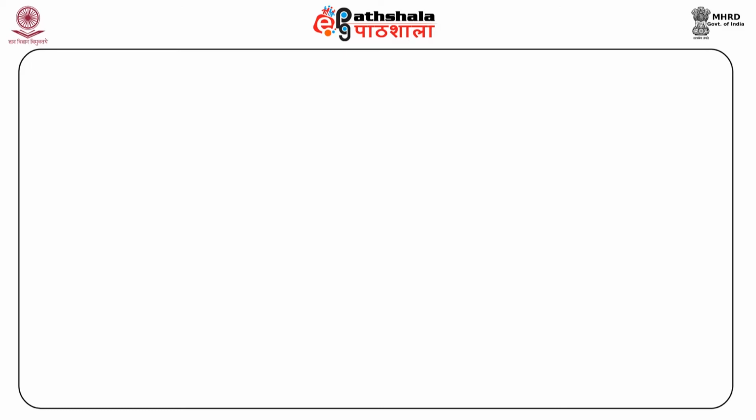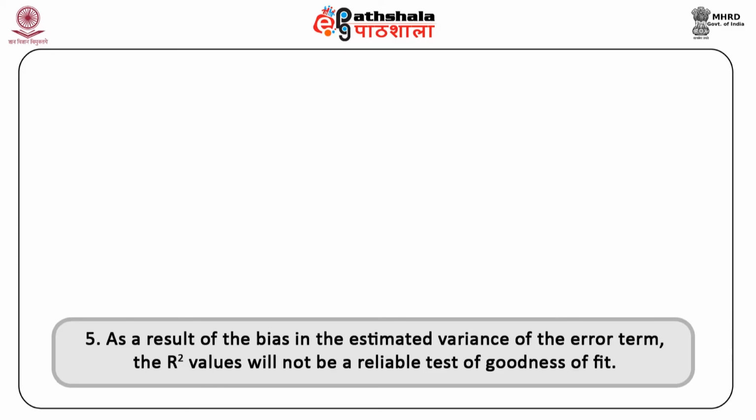The last consequence of autocorrelation is that, as a result of the bias in the estimated variance of the error term, the R square values will not be a reliable test of goodness of fit.